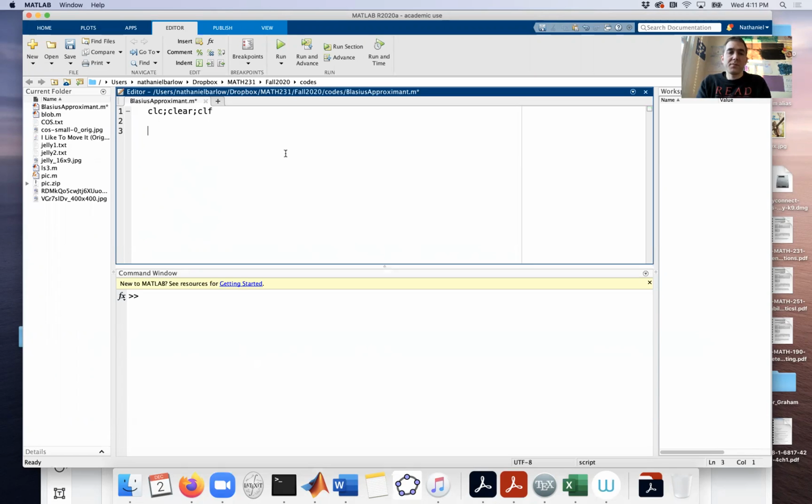I always start with that. Okay, so let's go from 0 to 10. How about eta equals 0 to 10 in increments of 0.1. Yeah, let's do that.